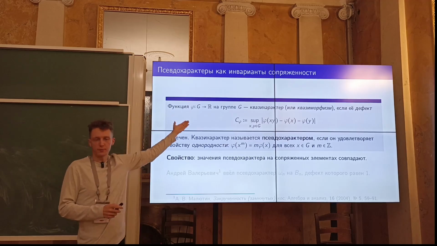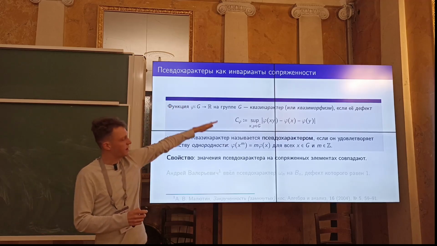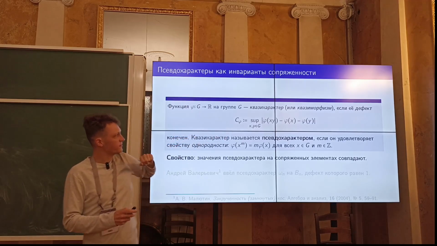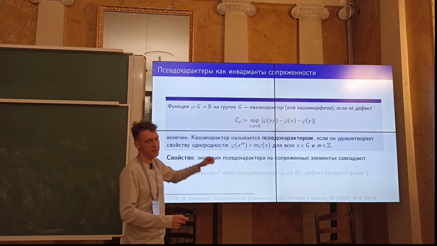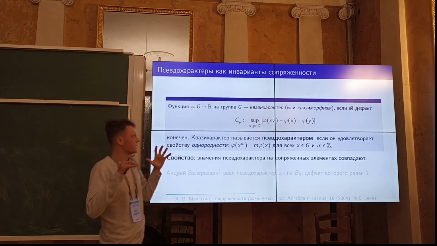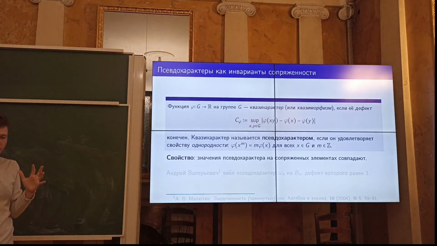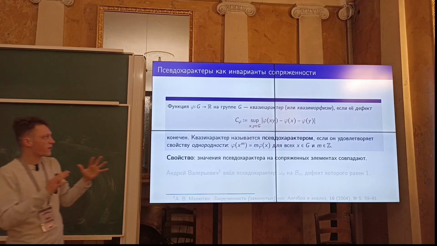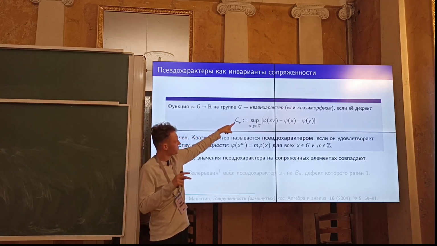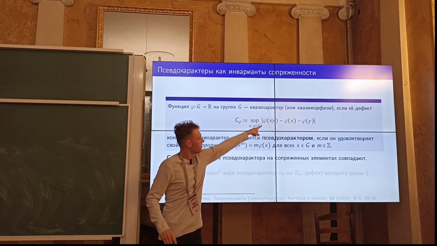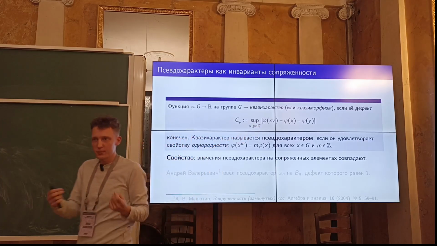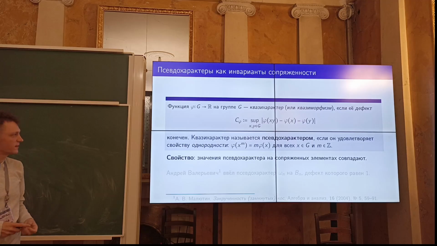A function on a group is a quasimorphism if it is a real-valued function that is almost a homomorphism up to a bounded error, up to a fixed constant c such that phi of xy is almost phi of x plus phi of y.